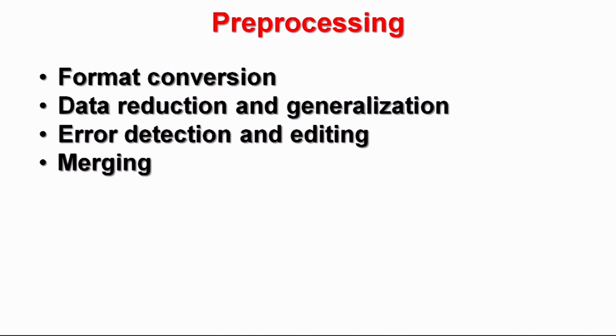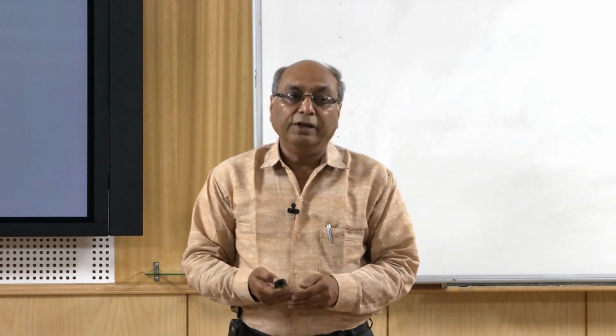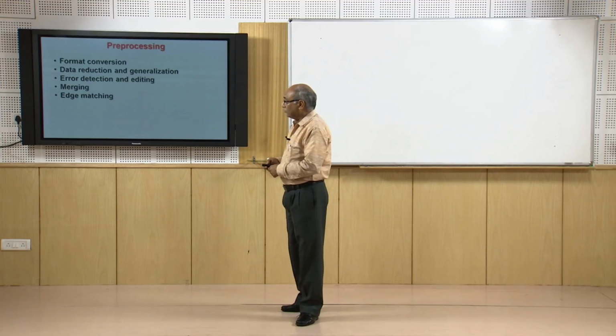Merging: sometimes you have two adjacent maps which you want to merge, or you are merging in the remote sensing domain, or even in GIS, maybe merging two raster data sets or two vector data sets. All that merging we will discuss in a little more detail later.